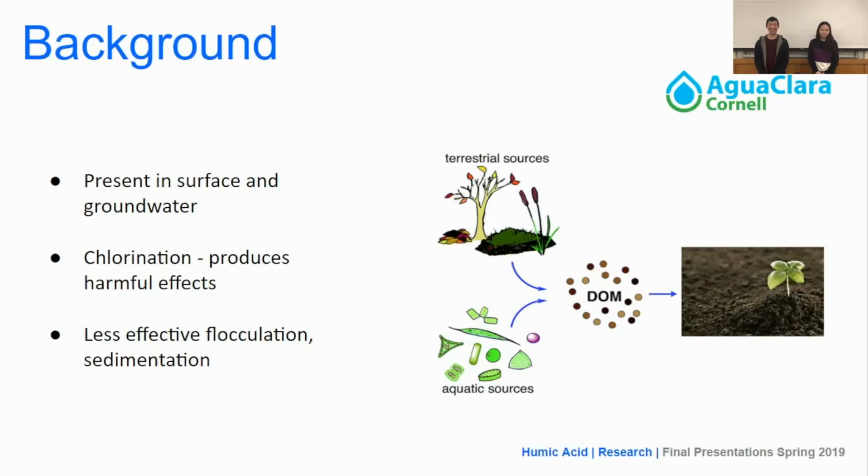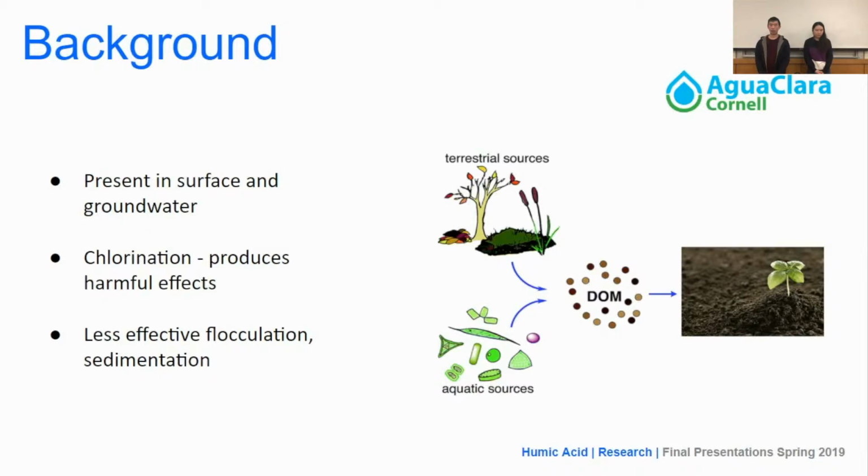When humic acid in a tree leaf gets into water, it can actually dissolve in water. Humic acid in water can produce many harmful effects, especially when we try to treat water with, for instance, chlorination. Chlorination can produce very harmful effects if humic acid is present in the drinking water.